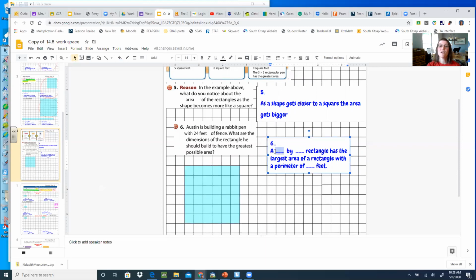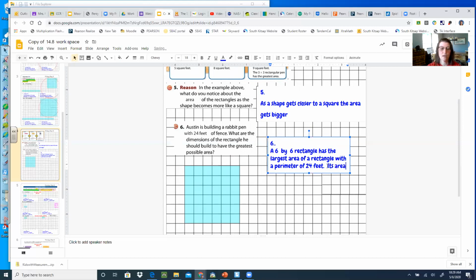So it's going to be a 6 by 6 rectangle, has the largest area of a rectangle with a perimeter of 24 feet. And I forgot to say what its area is going to be. So I'm going to type that on, and I'll give a special extra bonus point for anybody that also types this.